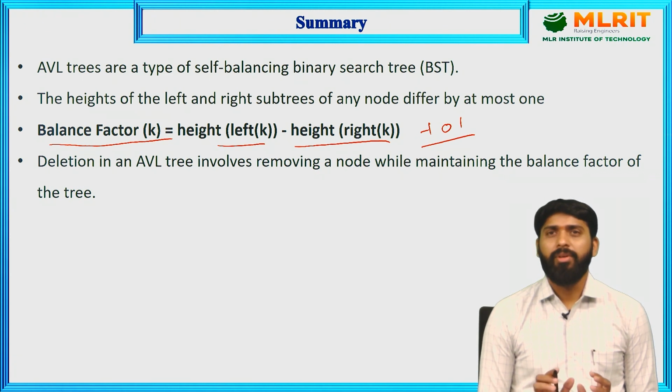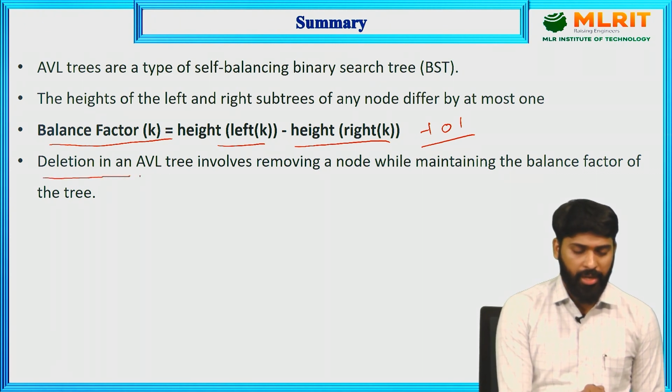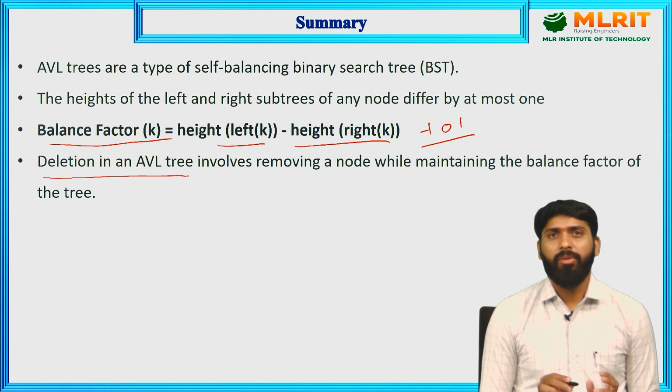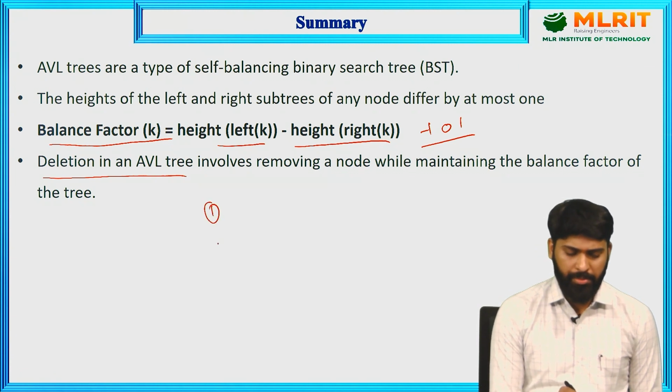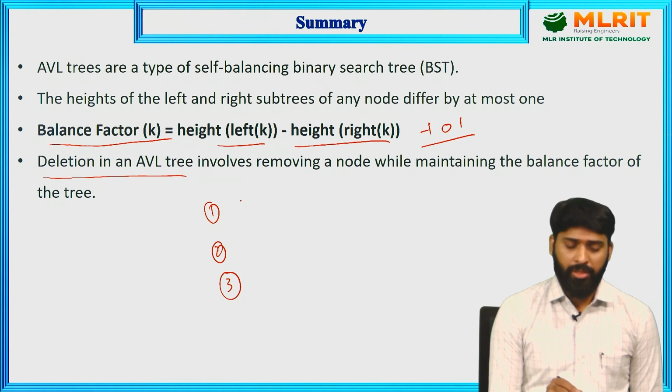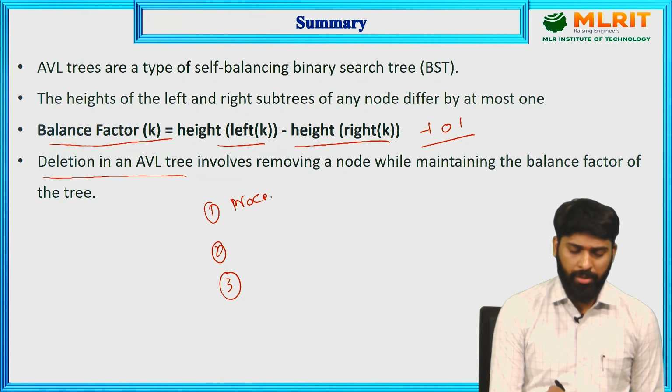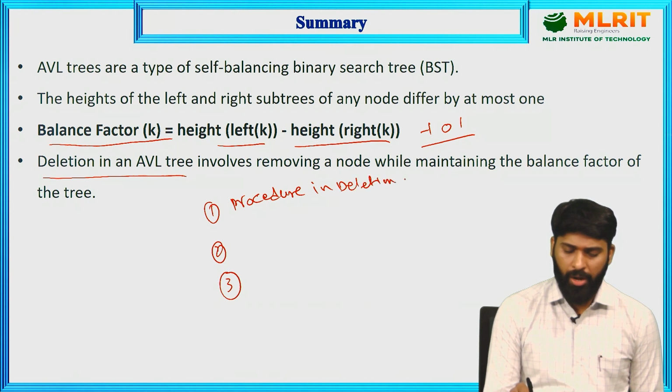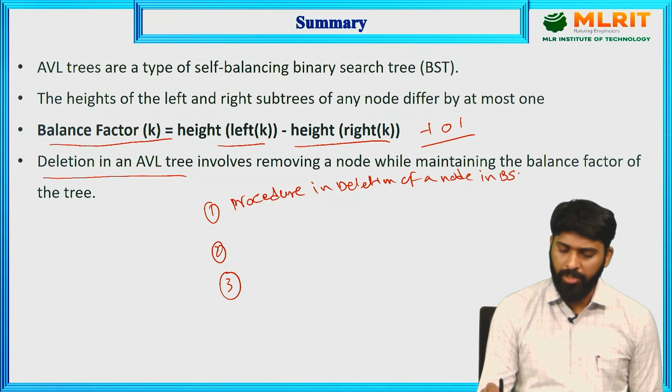Here we discussed deletion in an AVL tree, which involves removing a node while maintaining the balancing factor of the tree. Here we follow 3 steps. First step is to follow the same procedure as deletion of a node in a binary search tree.